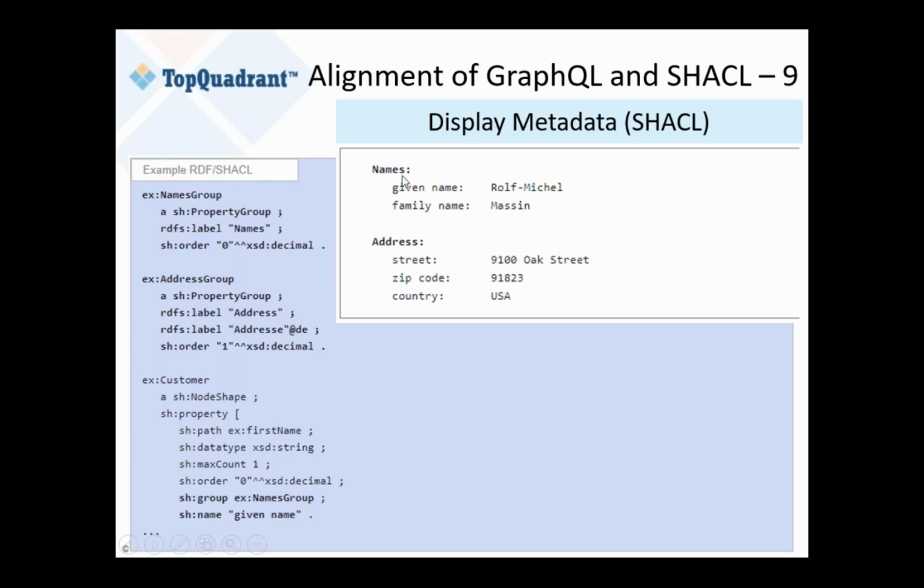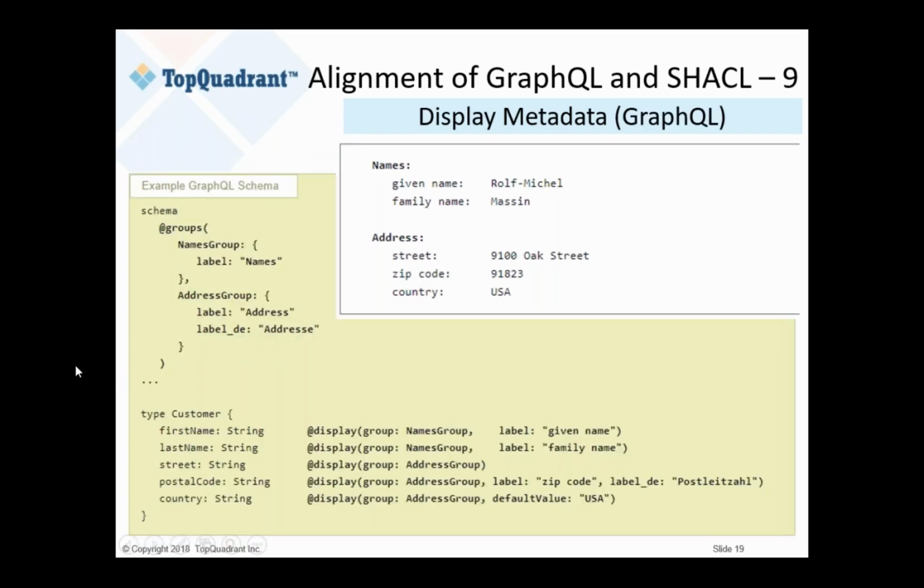Like, for example, for a person, you want to see the names, given name, family name from top to bottom, and then you want to have another section on your form for the address. So you can define this in Shackle using a couple of annotation properties like sh group, sh name, and order. All that is present, but it's not really present in GraphQL.